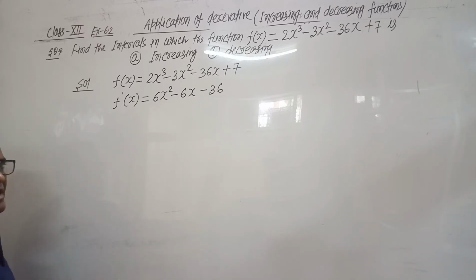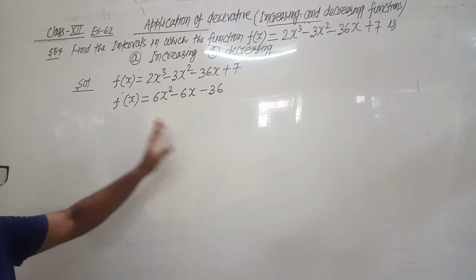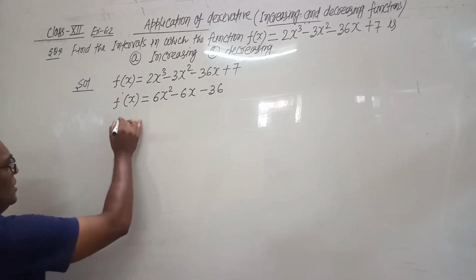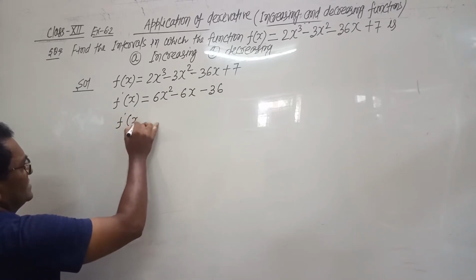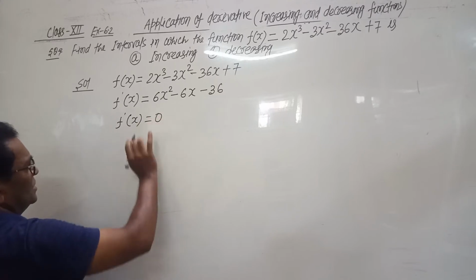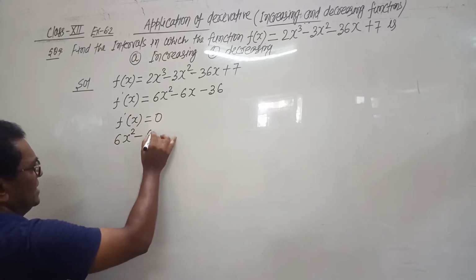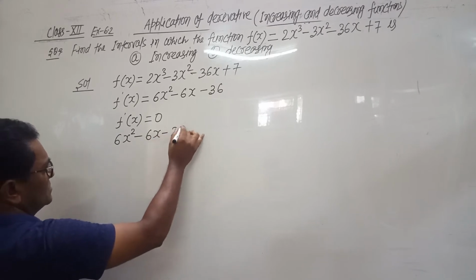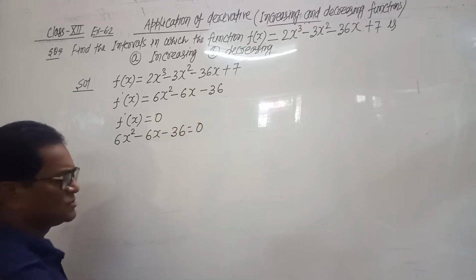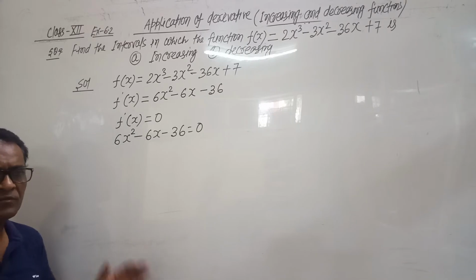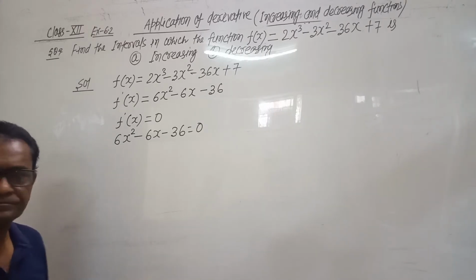Now in the third step we make f'(x) equal to 0. It means 6x^2 - 6x - 36 = 0, and then we have to find the value of x.